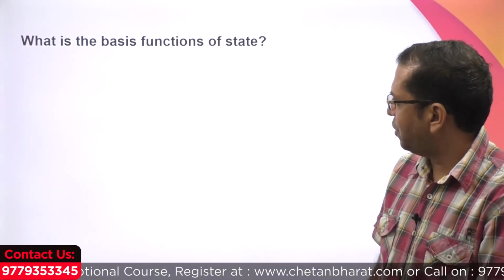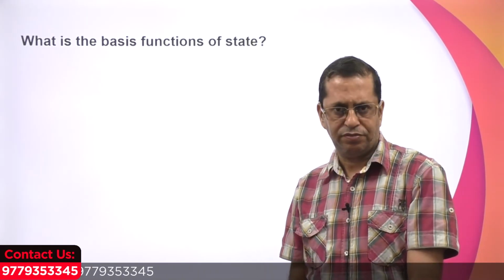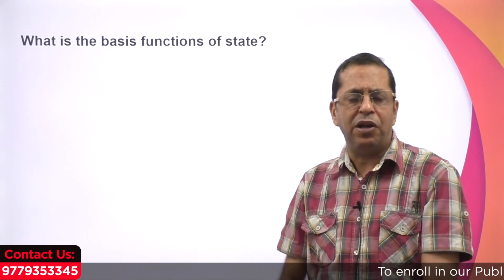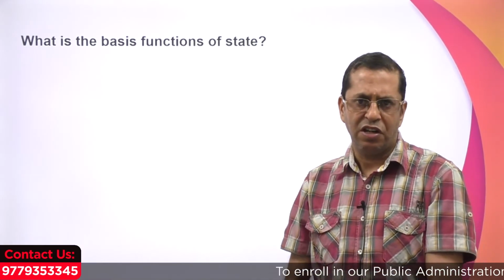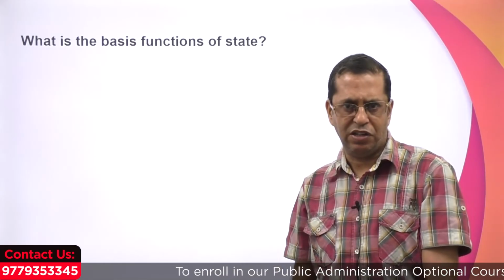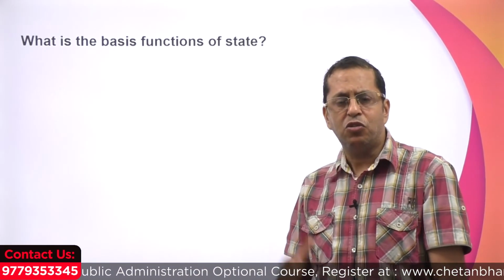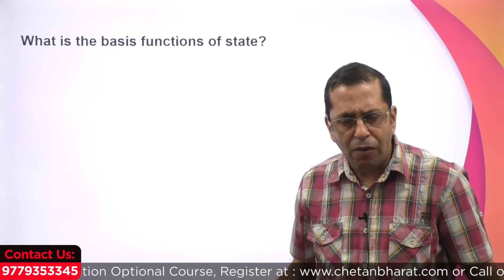Unit 13. We know that the modern state is a welfare state. The modern state is concerned with the upliftment of the poor and deprived sections of society. The responsibility of the modern state is to make policies for the upliftment of the people.